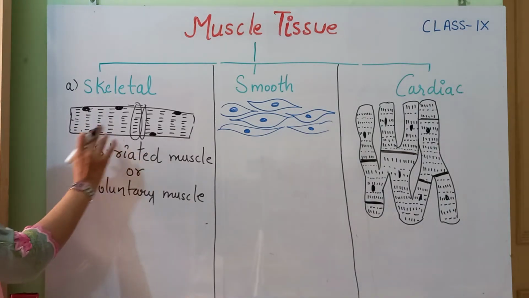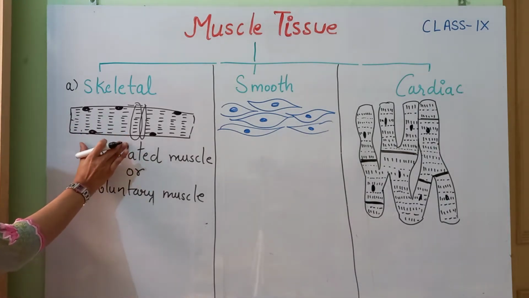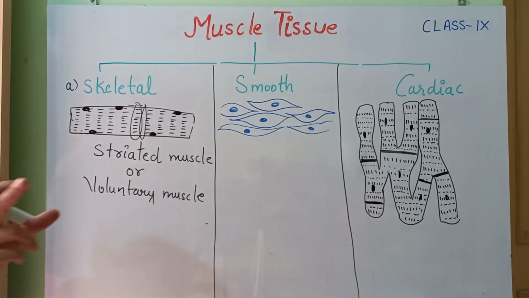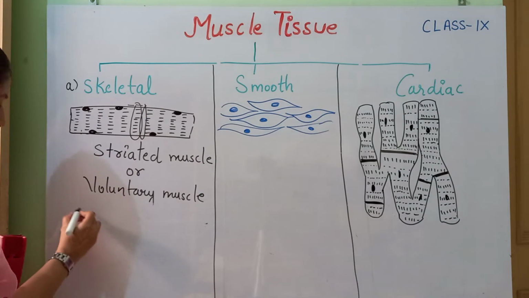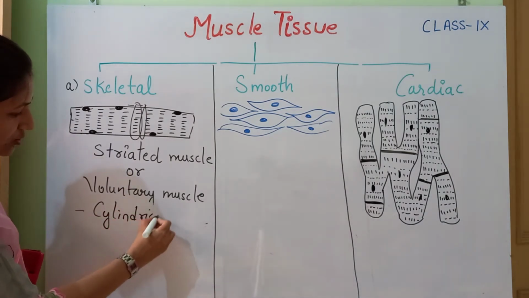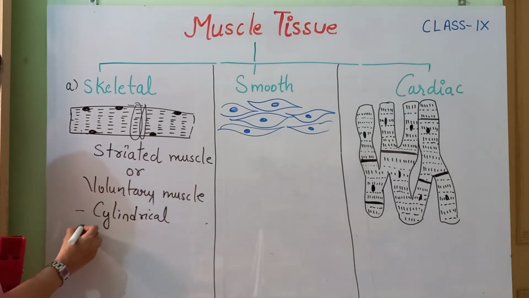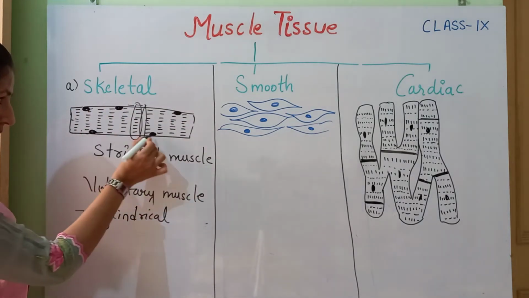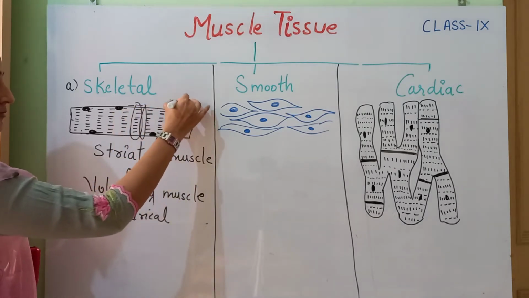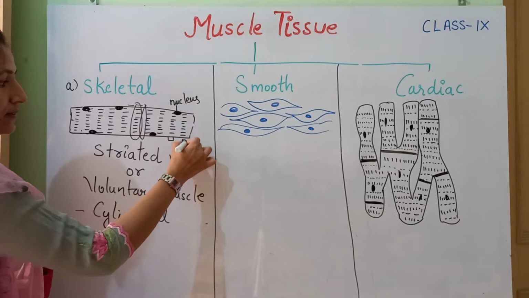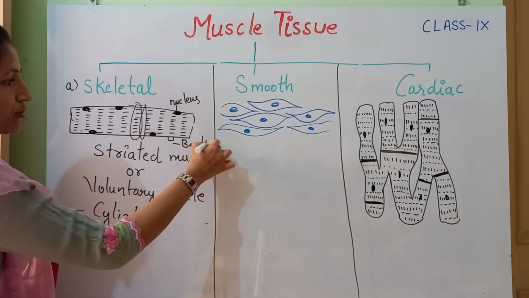Now as you can see this particular structure over here, this is of a single muscle cell. So the skeletal muscles are cylindrical, as you can see over here. Okay, all the cells are long, and you can see the multiple nuclei. These are the nuclei and these are the bands which are formed over here.